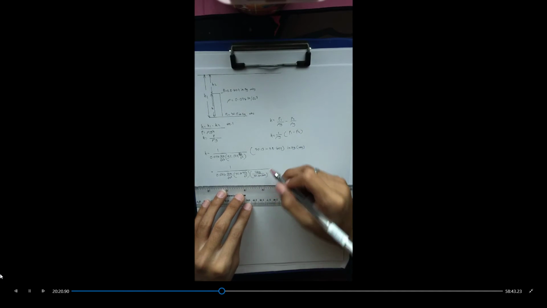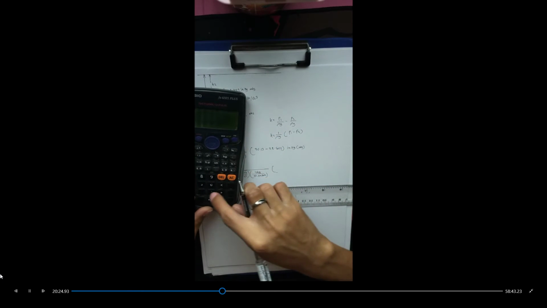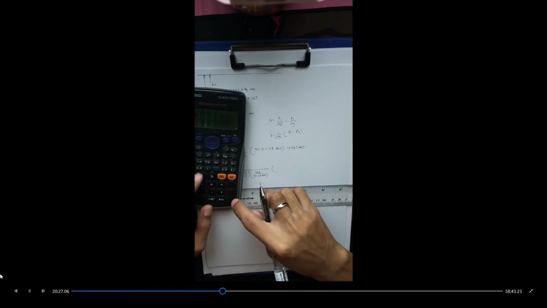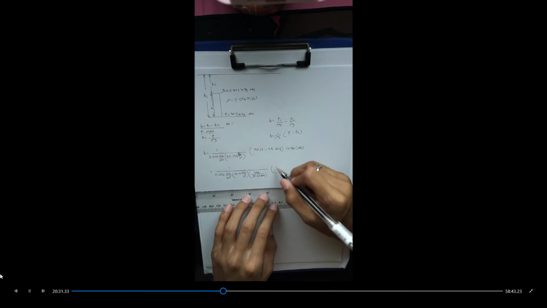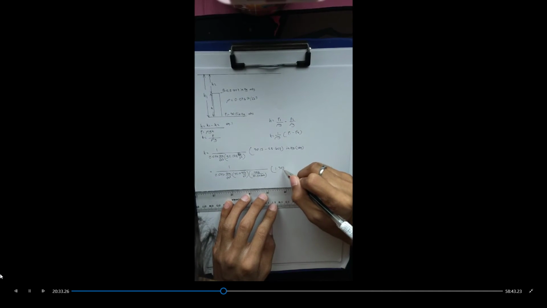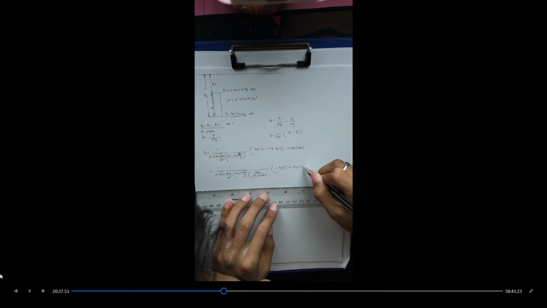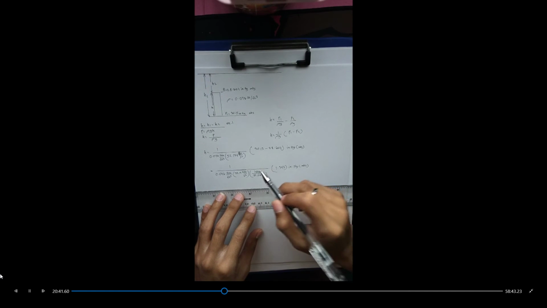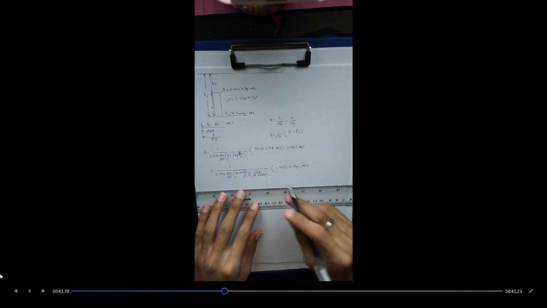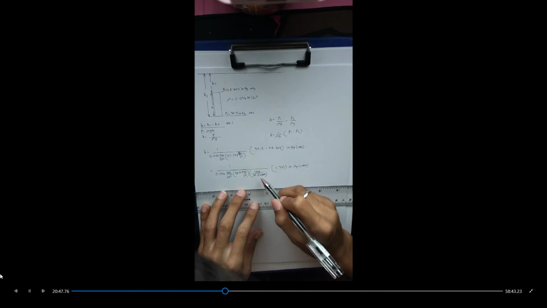And then simplifying 30.15 minus 28.607, that is 1.543 inches of mercury absolute. So simplifying this side of the equation, pound mass cancel, and 32.174 cancel.